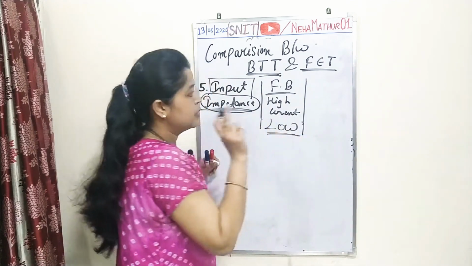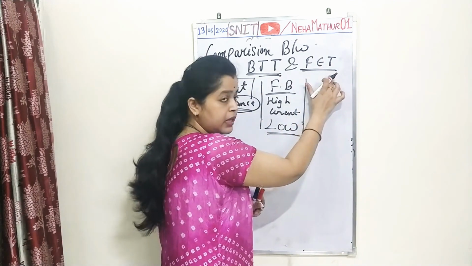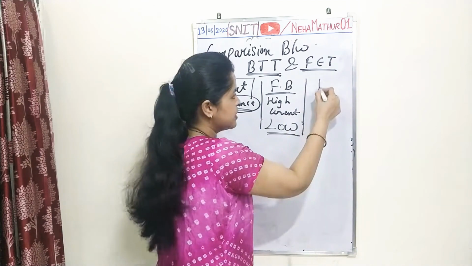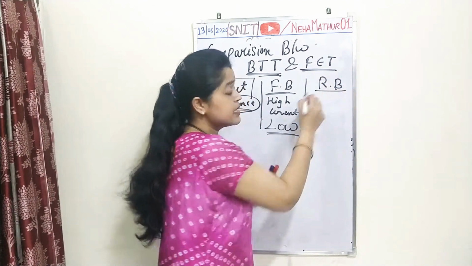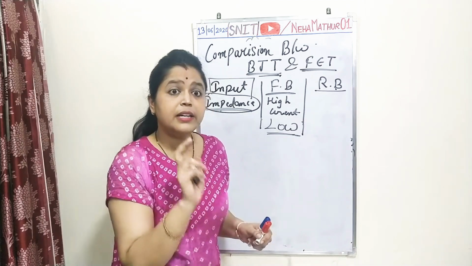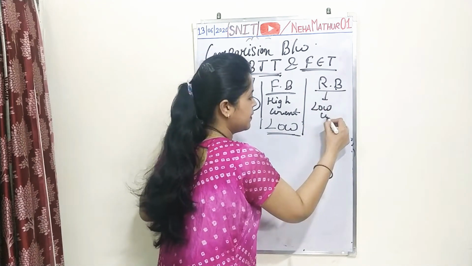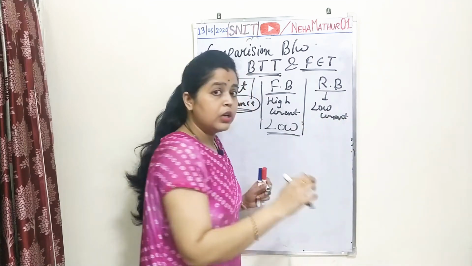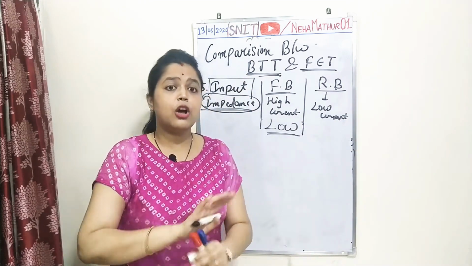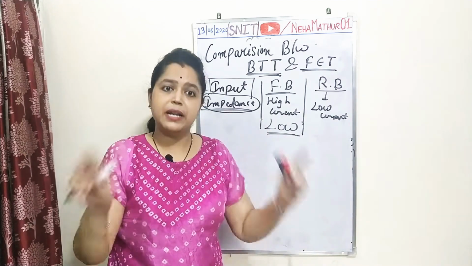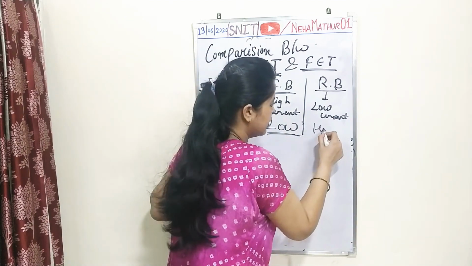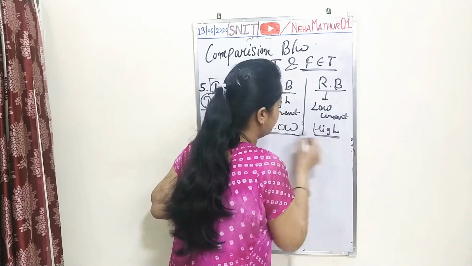While in case of FET, the input biasing is reverse biasing. Reverse biasing means the current is minor, so low current, and if current is low, that means full of disturbance, full of impedance. So here we have high input impedance.